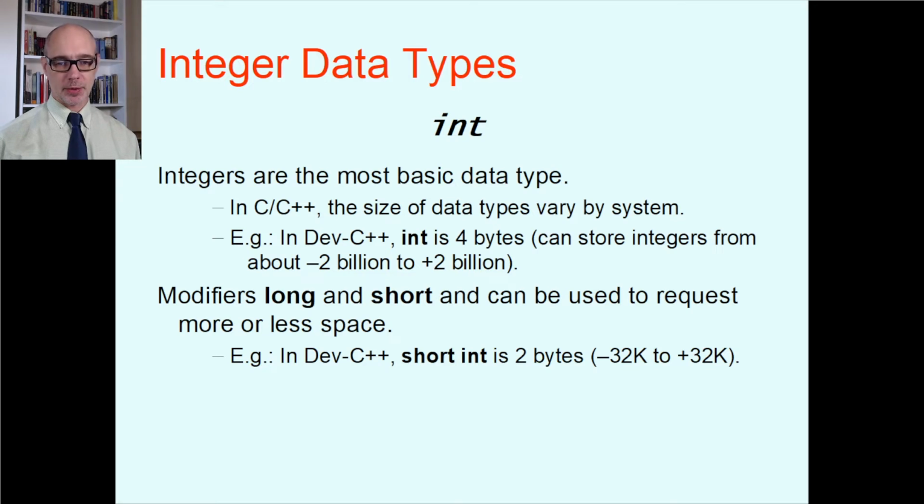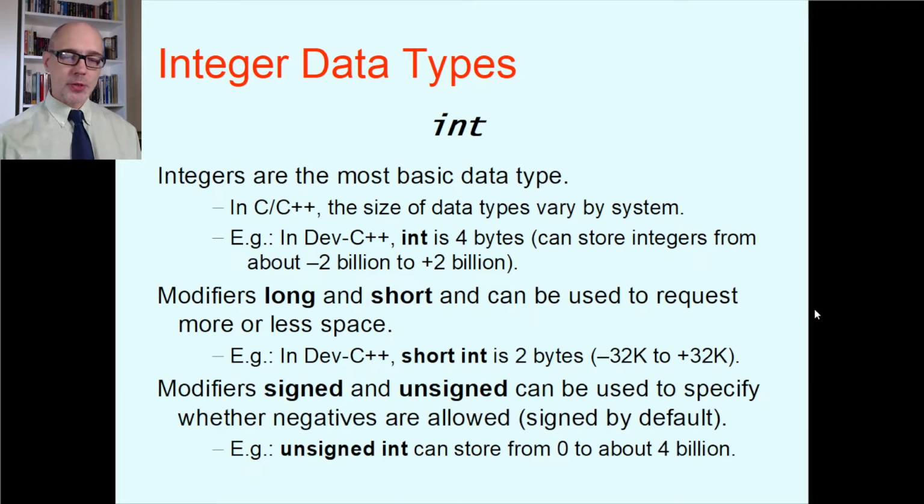And that would be fine for a lot of purposes, but it's a lot more limited than the standard int. You also have modifiers of signed and unsigned, which get used to specify whether negatives are allowed. So if you ask for a signed int, you're very clearly saying we need to track the plus or minus sign because we might actually use negatives here. Of course, that's what ints work like anyway, so you'll probably never have to ask for that. But on the other hand, if you ask for an unsigned int, you're saying we will definitely never store negatives here.